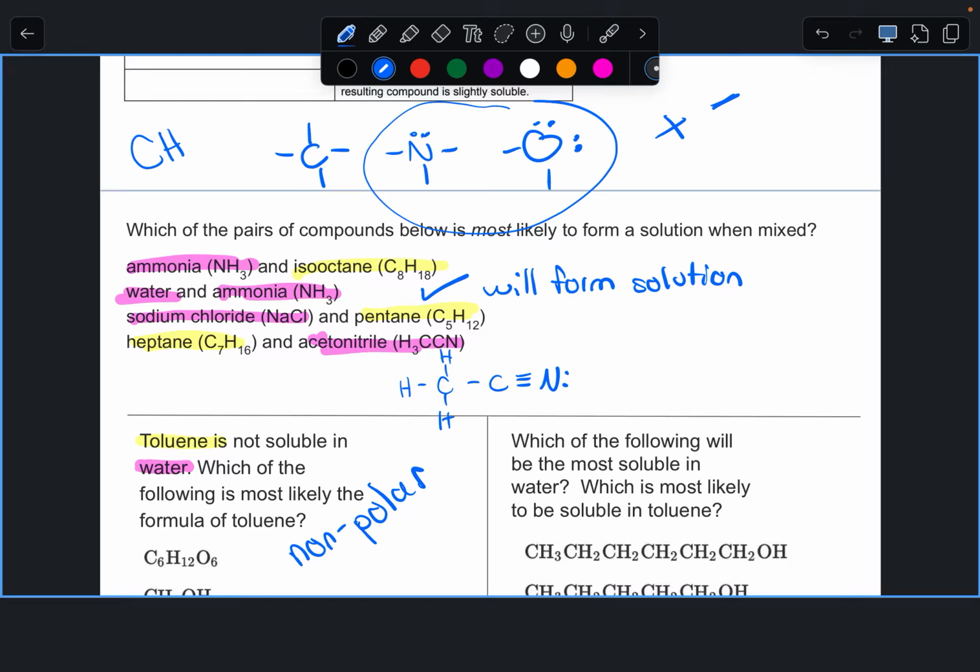So when we look at ions, typically we think of them as polar, with the caveat that if it's a salt, like an ionic compound, we have to check the solubility rules to see if it's soluble in water. So energy allows us to be very specific. If we don't know anything about the energy, we need to consider like dissolves like, and if it's an ionic compound, we need to consider the solubility rules, okay?